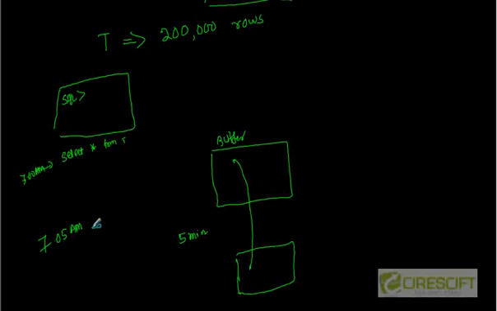Now assume the data file looks something like this. I'm just drawing a diagram. The data file for table T will have one row, second row, third row, fourth row, like that.